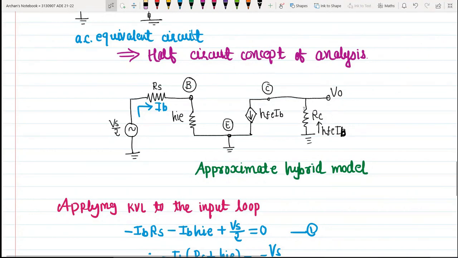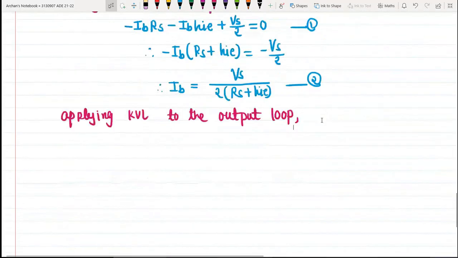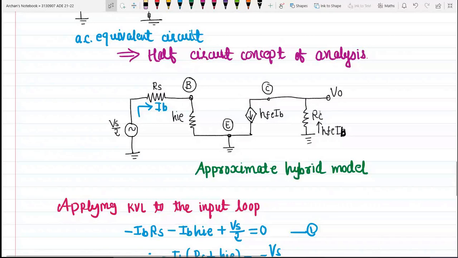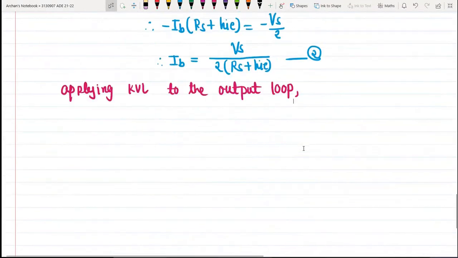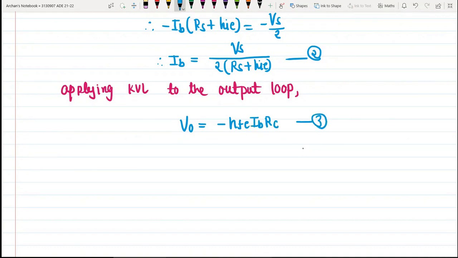Ultimately we have only one element, and we are measuring output voltage V0. This V0 is nothing but the voltage across this RC, and it is equal to HFE IB times RC, of course in negative because current is going in this particular direction. So we will get the output voltage V0 equal to minus HFE IB times RC. Let us call this equation number 3.